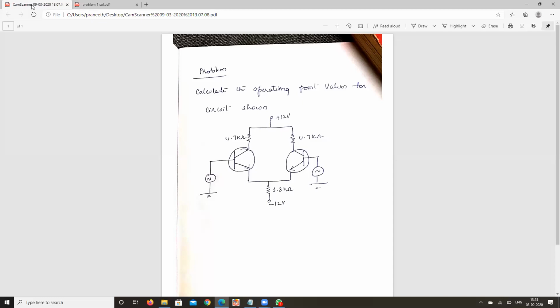Isn't it the formula for operating voltage VCQ? Yes? Yes or no? So VCQ, I repeat once again, is VCC plus VBE minus ICQ RC.